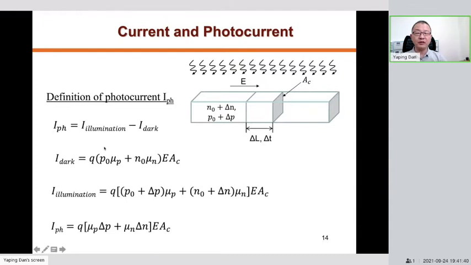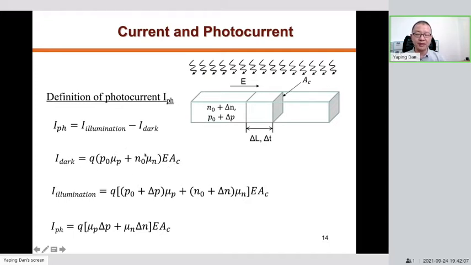Now, photocurrent is defined as the total current under light illumination minus the current when there is no light illumination, that means your device in darkness. For the current in dark, we already wrote the expression.